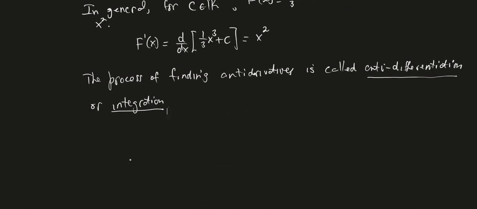And now, what we would like to be able to do, just like how we have these two nice notations for a derivative, the prime notation and the Leibniz notation, the dx notation, we would want something similar for finding an antiderivative, so that we don't have to keep writing the phrase antiderivative or integral, which is another word that we will use a lot going forward.